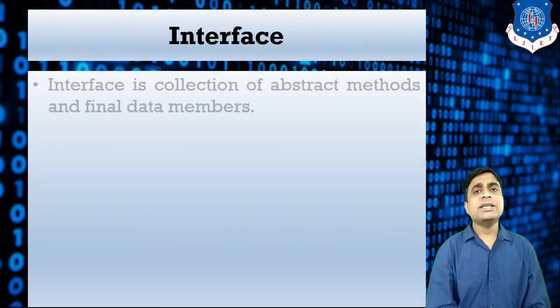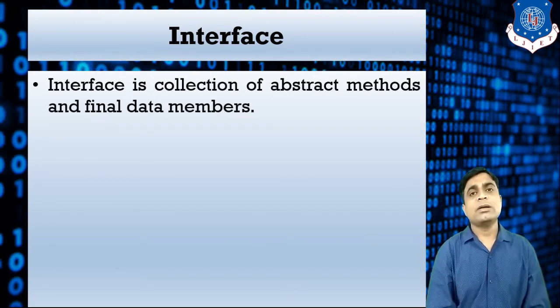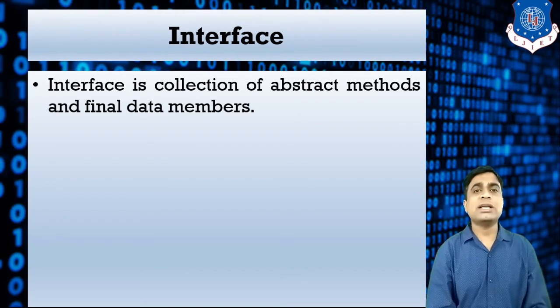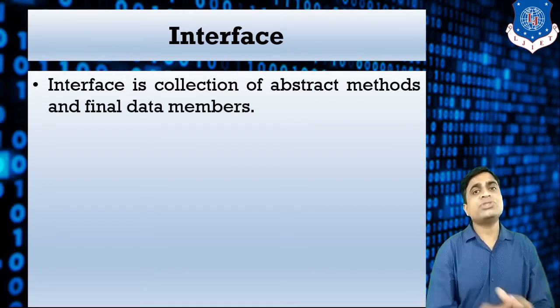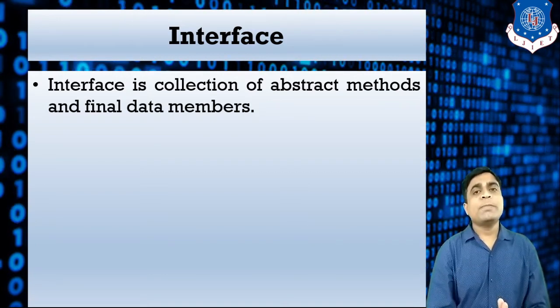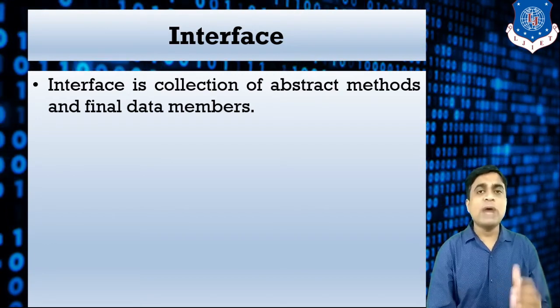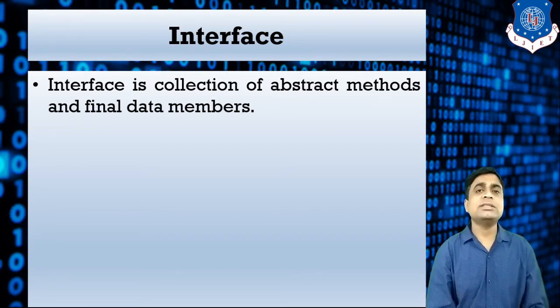An interface is a collection of abstract methods and final data members. Compared to the abstract class, the interface is a more restricted form, because there is no implementation of methods, so you have to implement that particular method in its subclass.